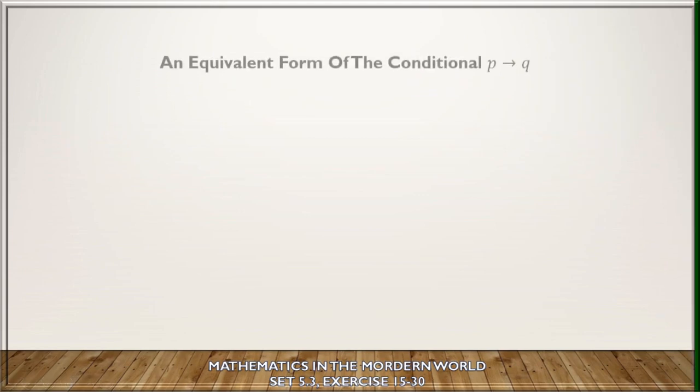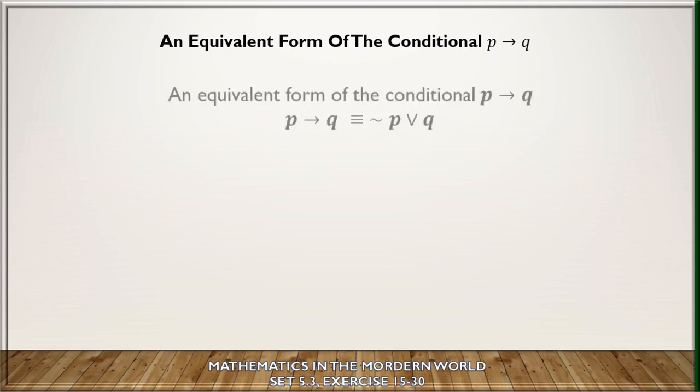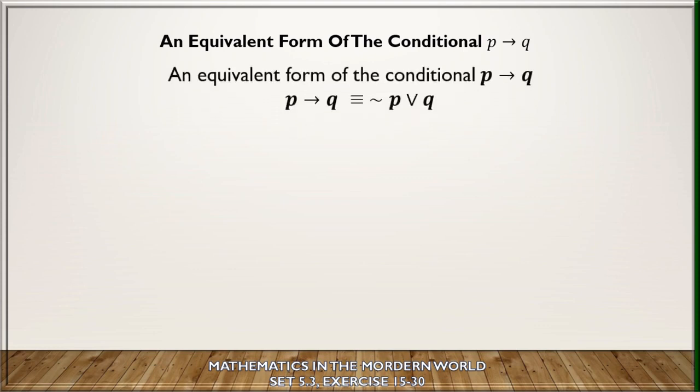Next, we will discuss an equivalent form of the conditional if P then Q. An equivalent form of the conditional P then Q. So this P then Q is equivalent to the disjunction of not P or Q. We will see in the table.